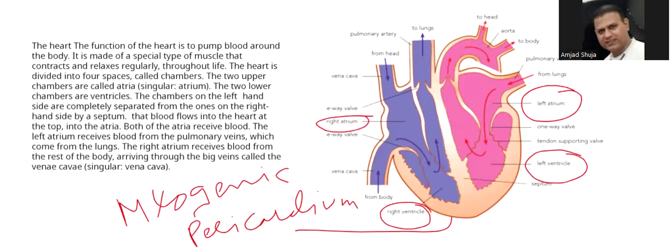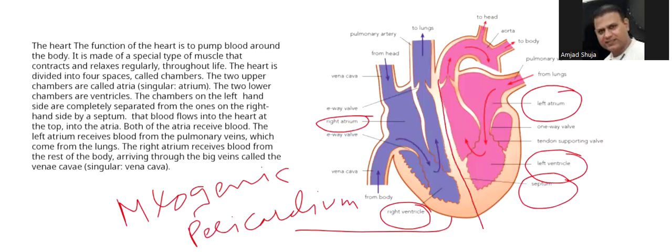This complete partition or septum of the tissue separates the two atria, the right side completely from the left side, but also there is a septum between the atria and ventricles. That septum is called atrioventricular septum.